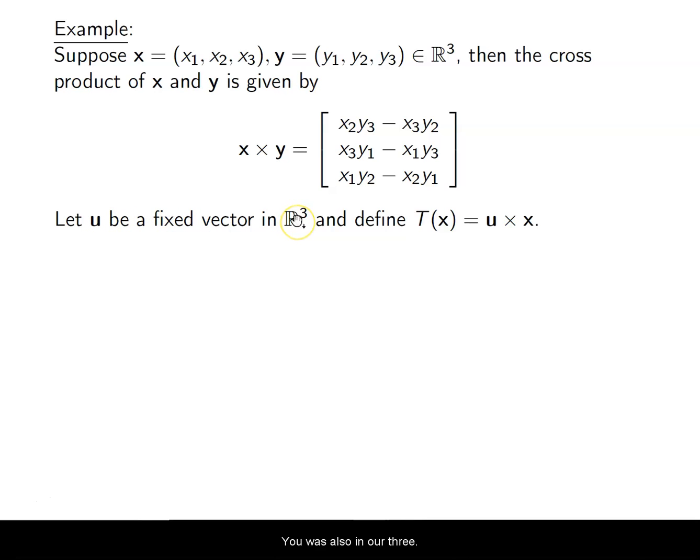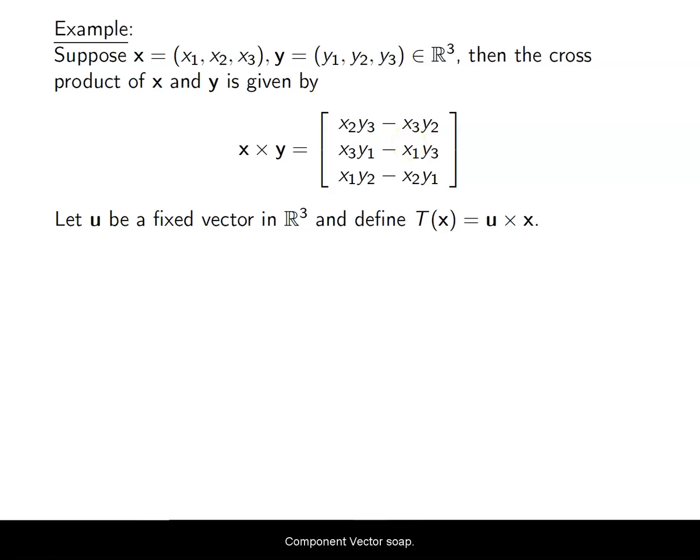U is also in R3. And I'm defining my transformation as the cross product of any vector that can change with my fixed vector. Okay, that's my transformation. So if I take the cross product of some vector x with this u in R3, I will get out another vector in R3 because the cross product gives me a 3-component vector.